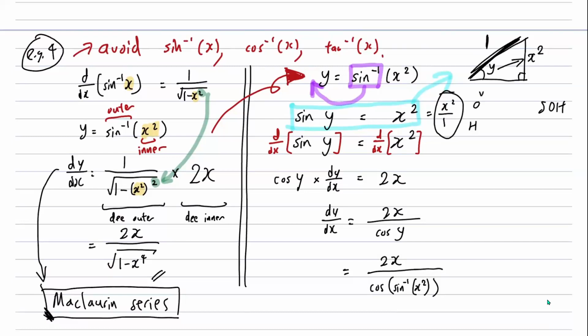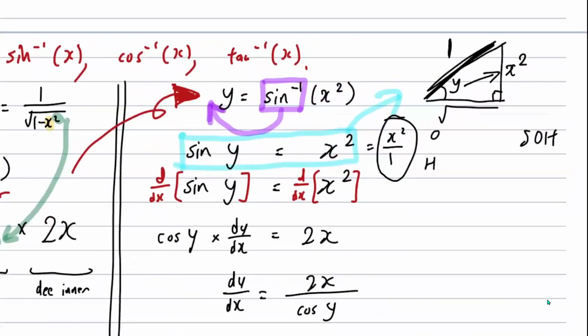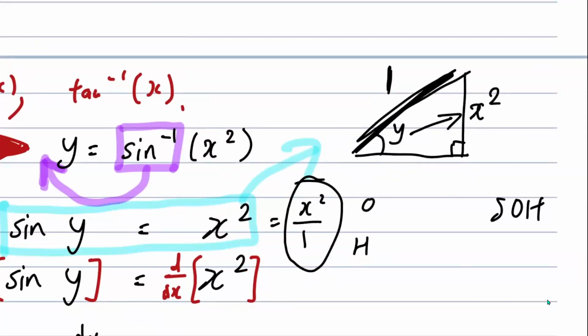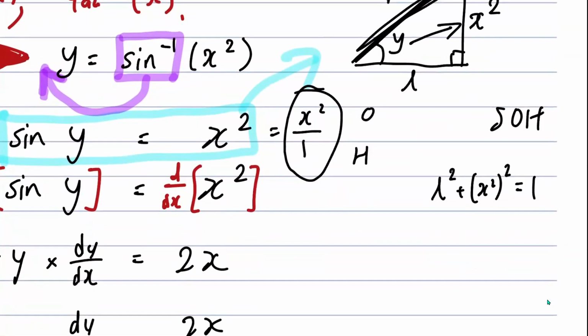And then from here, you have to do Pythagoras theorem. So let's just call this L. So L squared plus x squared, oops, sorry, not x squared, must be x squared squared, equals 1, right? That's just Pythagoras theorem. That's how you get x power 4.